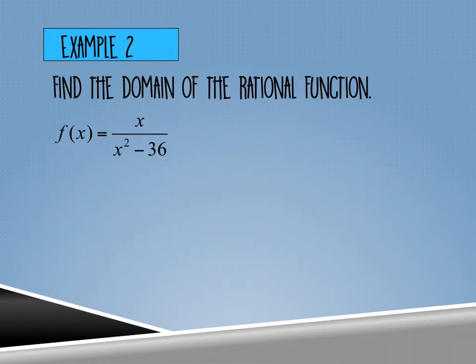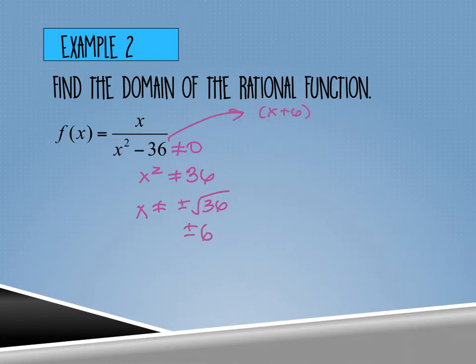All right, you do this one. So find the domain of the rational function. So you can choose to either factor that or use the even root property.